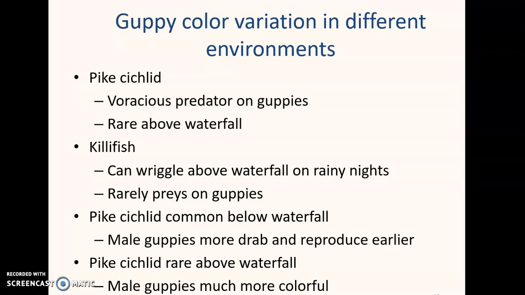However, pike cichlids are rare above the waterfall, and their male guppies are more colorful, they mature later, and they are larger as adults. That decreased predation pressure is thought to have resulted in more colors, patterns that attract the females, and then larger males also get and hold on better to territories, and large females are capable of producing more eggs.